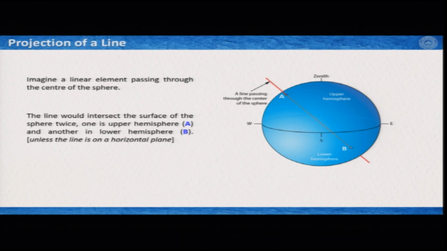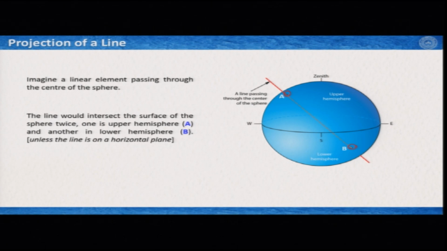Now, the fundamental of plotting a line in the Stereonet is that you have a line which is inclined, and you have to pass this line through the center of this sphere and also through the center of this primitive circle or projection plane. If you do that, then the line would intersect the surface of the sphere two times, one at the upper hemisphere, which is the point A here, and one at the lower hemisphere, which is point B here.